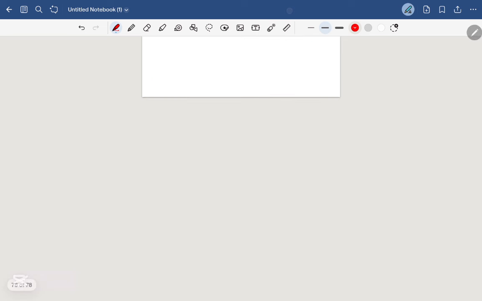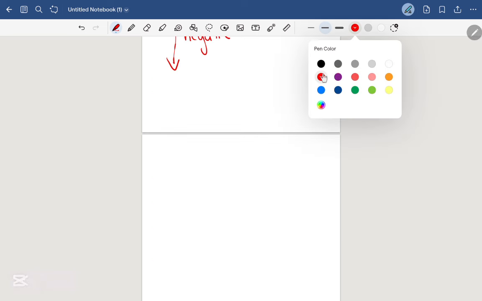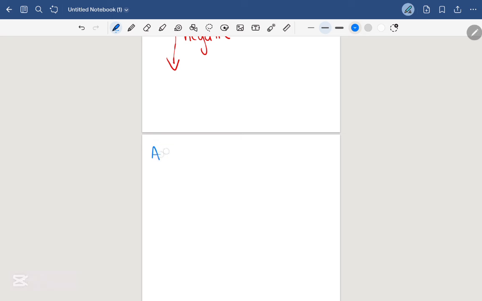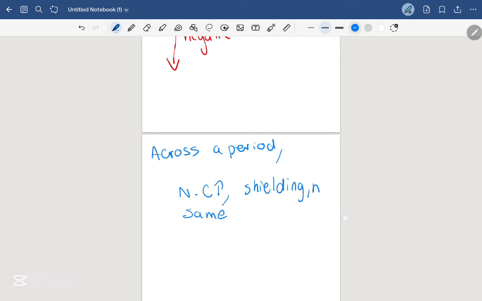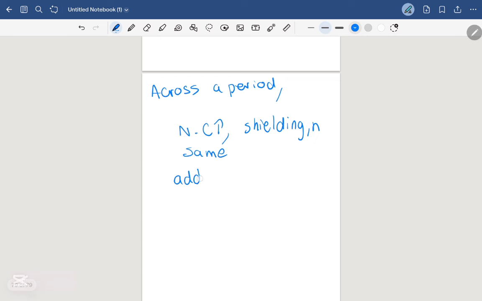Now, why does it become more negative across a period? Very simply, across a period, the nuclear charge increases, and the shielding and energy level are the same. So what happens if we add an electron?